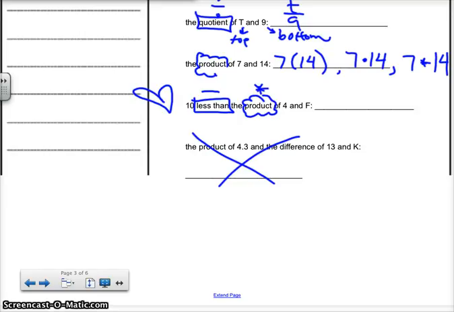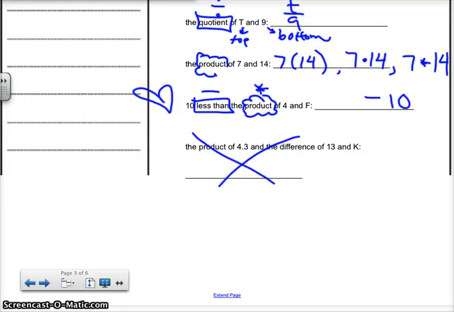So if I say 10 less than, it's less than something, so that has to go second. Anytime you have less than, you put it second. What is it less than? The product of 4 and F.